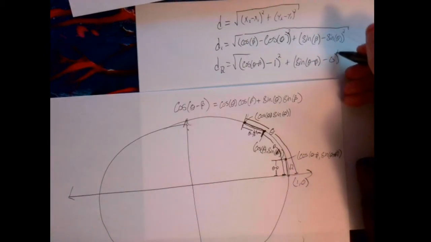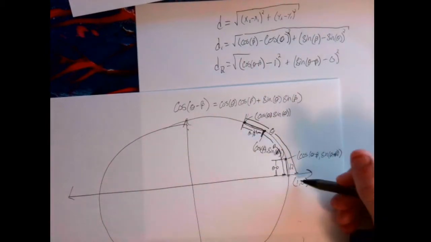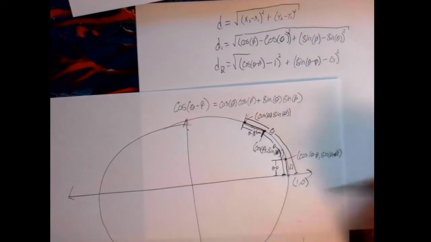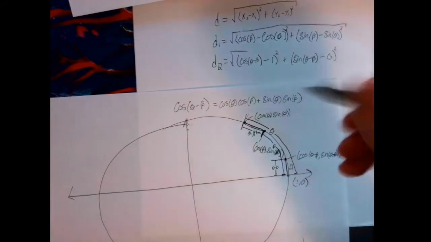Because that's what we're measuring, right? We're measuring the distance from here to (1, 0). So that's why we have the 1 and 0 there.